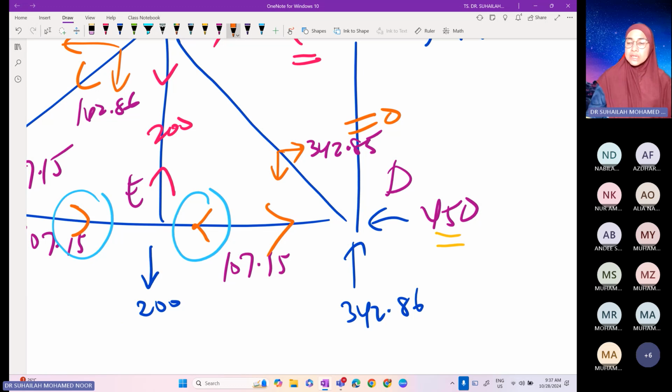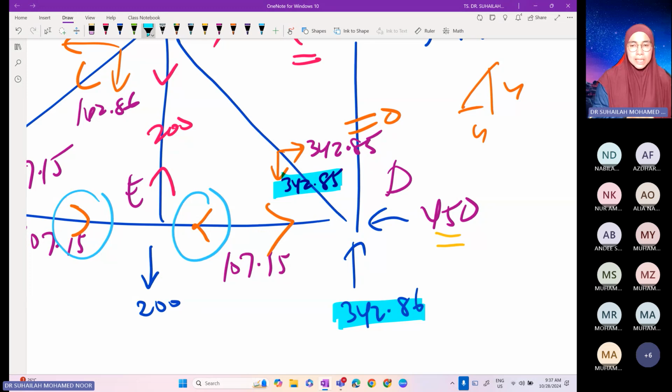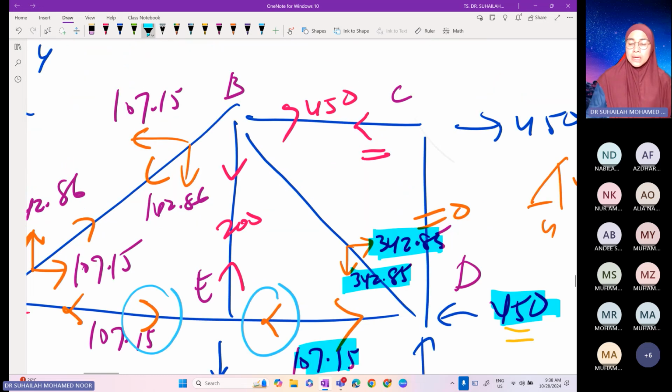So sebab dia punya trigo kat sini 4-4, so bila trigo dia 4-4, dia akan dapat samalah. This is also 342.85. So 342.85 yang ni balance dengan yang ini. So dah siap dekat D. Maksudnya 342.85 dah balance yang ni. And then 450 dengan 342.85 dengan 107.15 sini semua dah zero. So then complete join D.